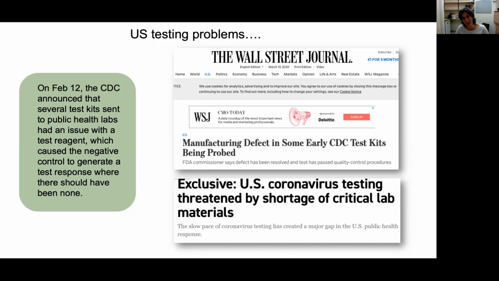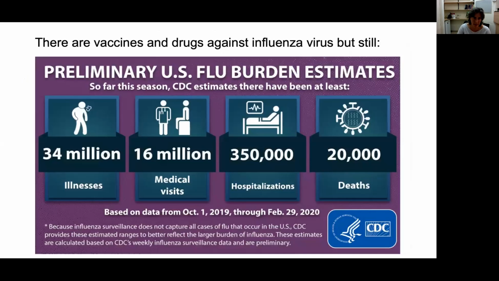Now they solved that, and the CDC distributed the good kits, but they still have a problem. Now they seem to be out of RNA extraction kits in order to perform the PCR. So the US has serious issues with this pandemic, and hopefully they can overcome them before it is too late.